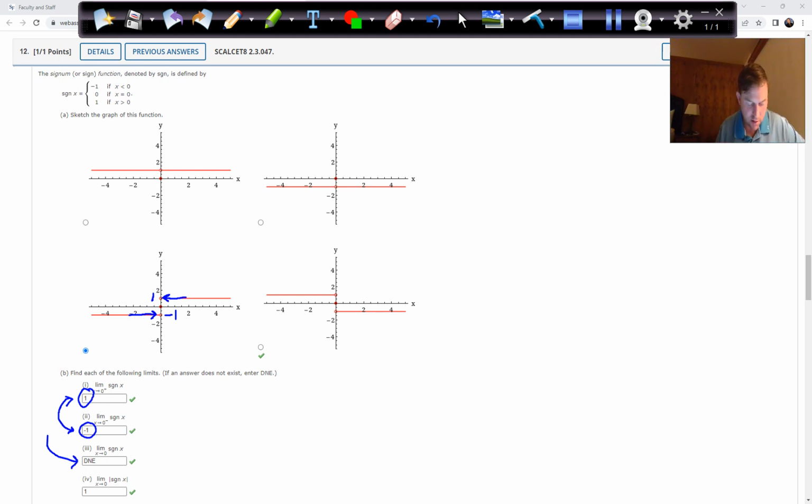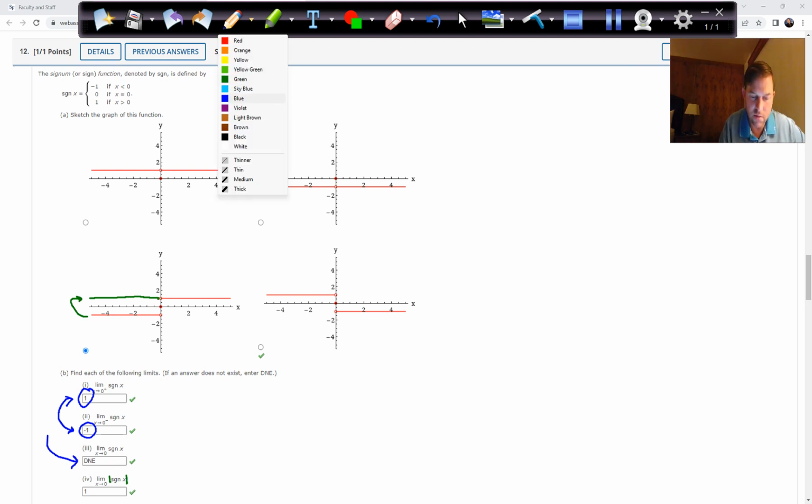Okay, what's the limit as x approaches 0 of the absolute value of the sign function? This one's interesting. The absolute value of the sign function would, in essence, make all these -1s +1. So now for negative x values, we have this line. This absolute value right here is going to flip this up to here.